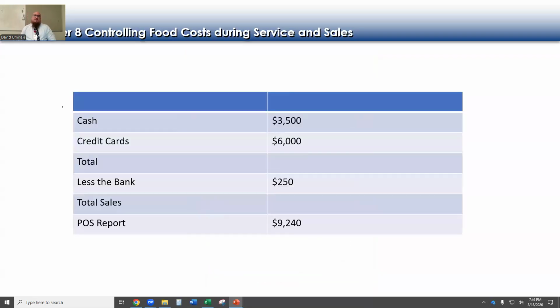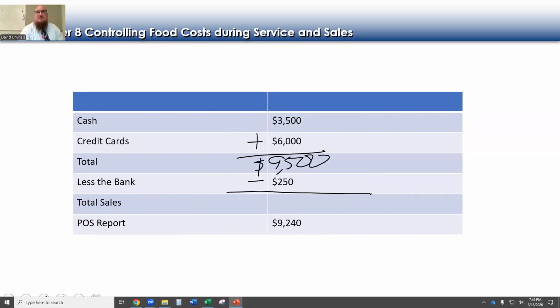My cash and credit cards, if I add these together, what do I get? 9,500. Excellent. I'm going to subtract my bank of $250. So what is my total cash on hand? 9,250.